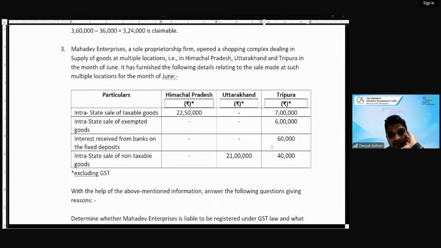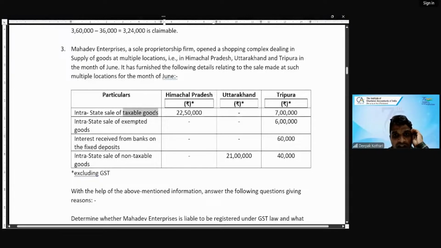Kushi, correct answer. Yes, Tanu, correct answer. In the additional question, it is written taxable goods from HP. Yes, HP it is called, no, taxable goods only.